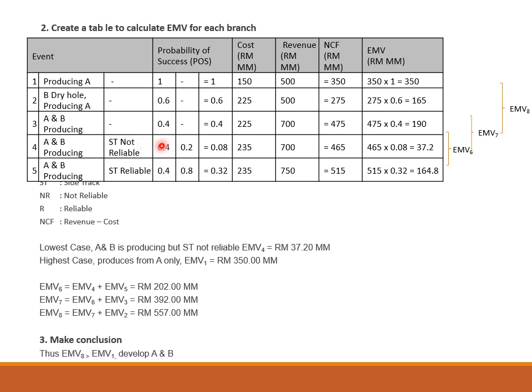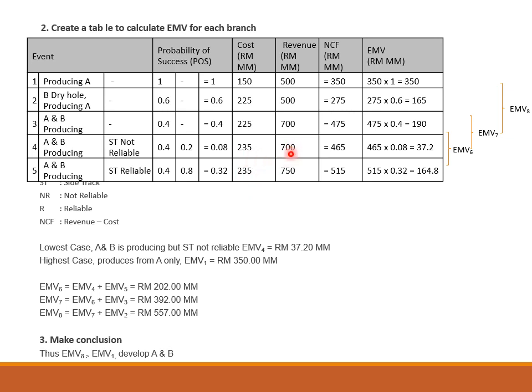But each of the consequences has its own probabilities, which is 20% and 80%. Okay, so that means the total probability will be 0.2 times 0.4 equals to 0.08. And if both A and B producing and with a reliable sidetrack, it's 0.8 times 0.4 equals to 0.35. Okay, so again, like I said, you have additional 10 million here to drill the sidetrack, so the cost is 235.